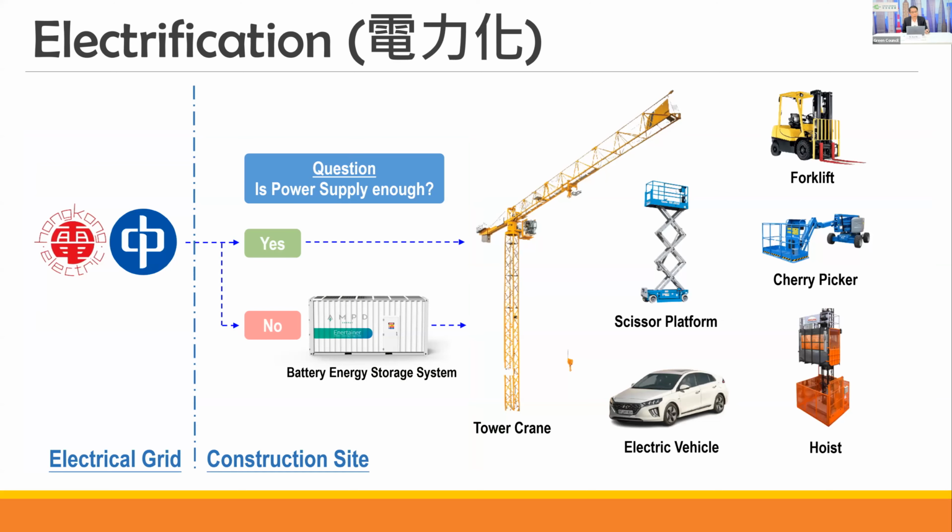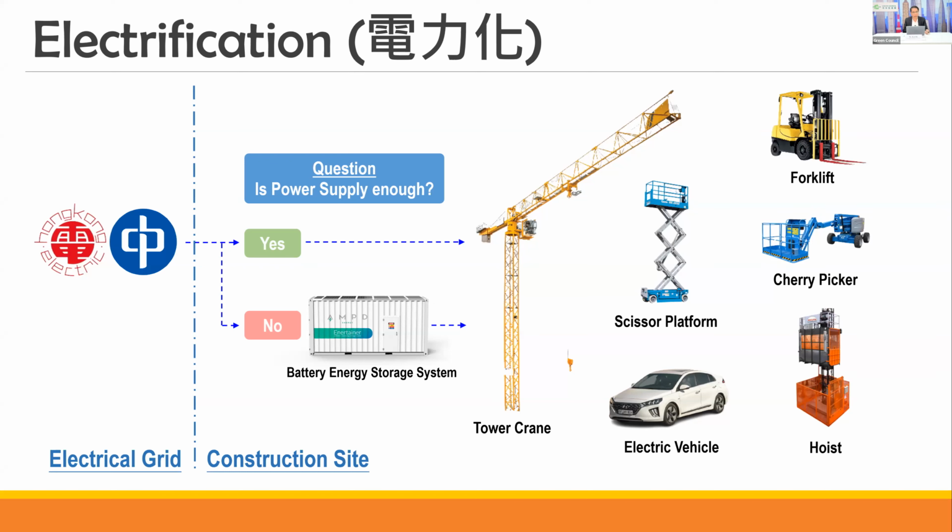Here is a picture that depicts how grid electricity supplies power to our construction project. The two power companies in Hong Kong provide the grid electricity to us, and after that it enters our site. There are two cases.